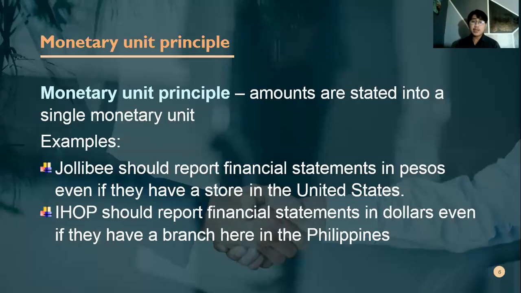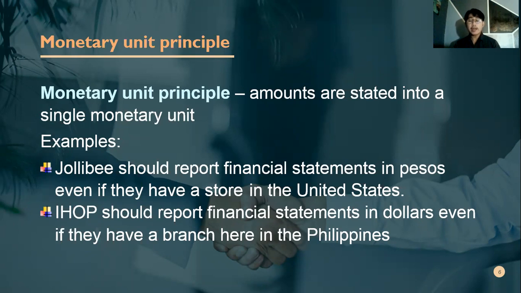Next is the monetary unit principle. So when we say monetary unit principle, amounts are stated in a single monetary unit. For example, Jollibee should report financial statements in pesos even if they have a store in the United States. So para maging clear and madali siyang maintindihan, we must use one monetary unit.